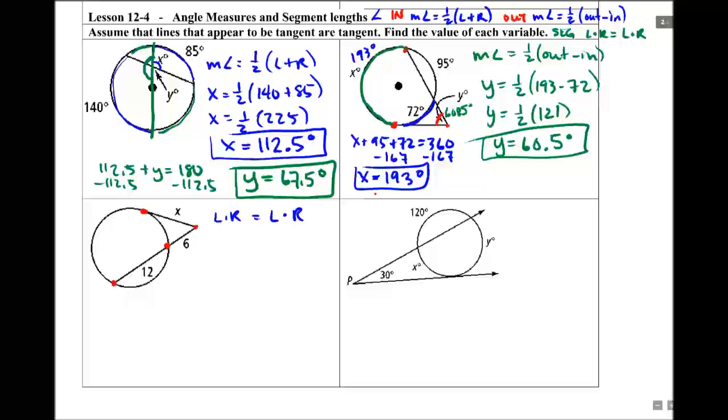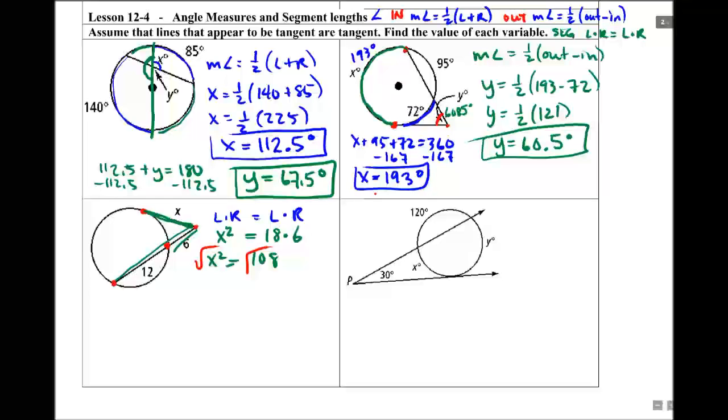We know that one of them is tangent, so that is just going to be x squared here because both of the lines are the same length, and that is going to equal the entire distance, 18, times the right point, 6. So x squared equals 108. Don't forget to square root both sides.